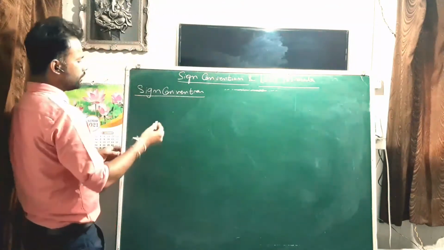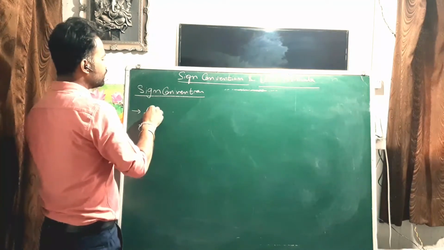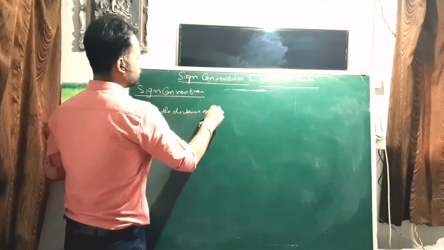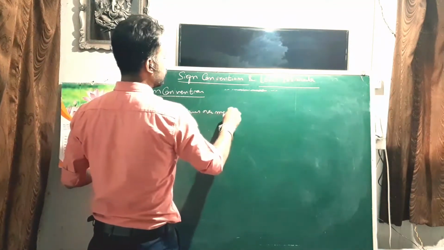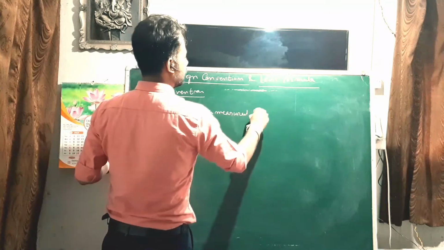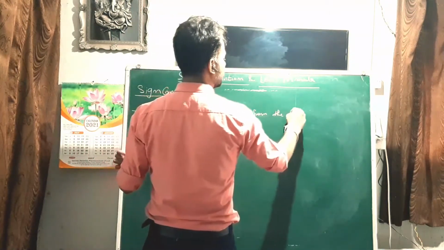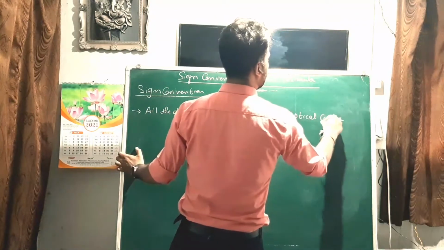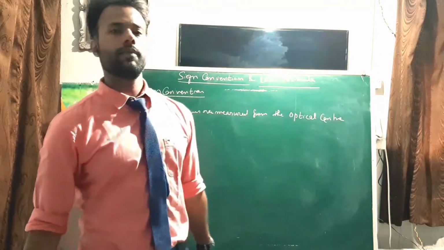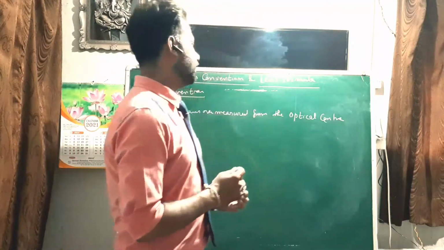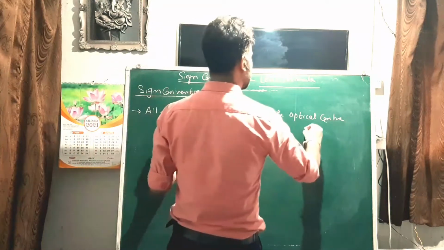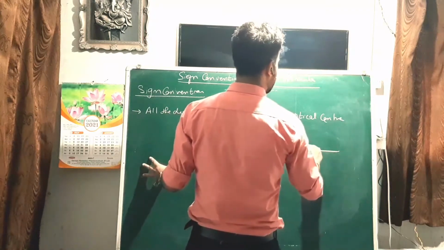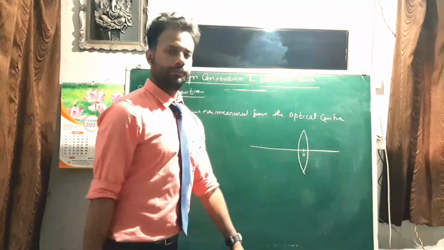The second assumption is all the distances are measured from the optical center. Like if this is the convex lens, here it will be the optical center O.